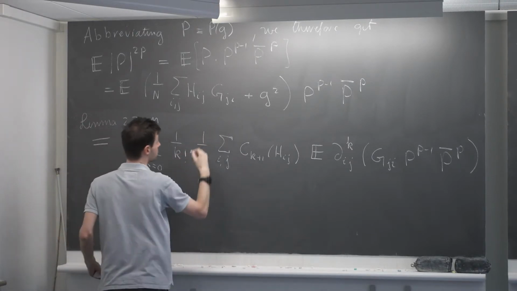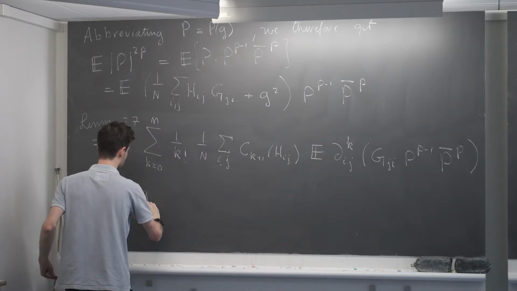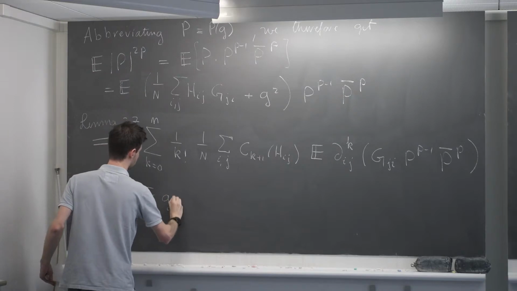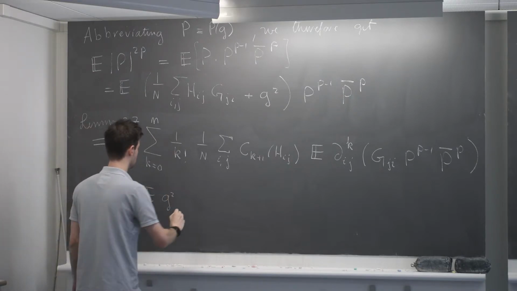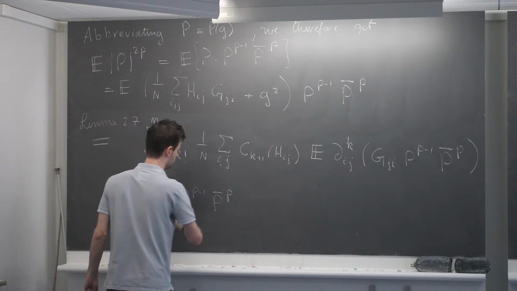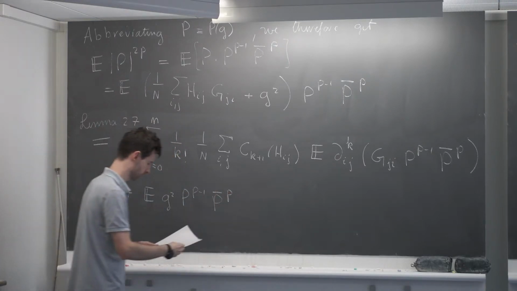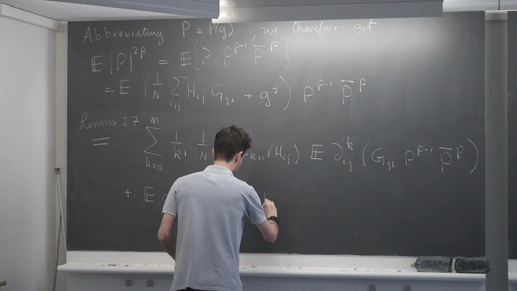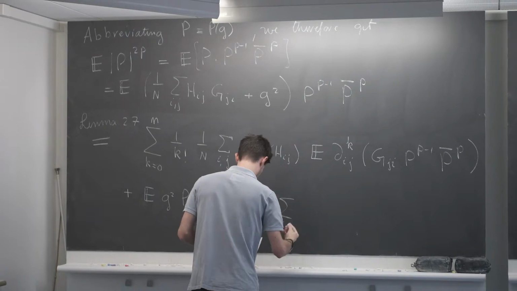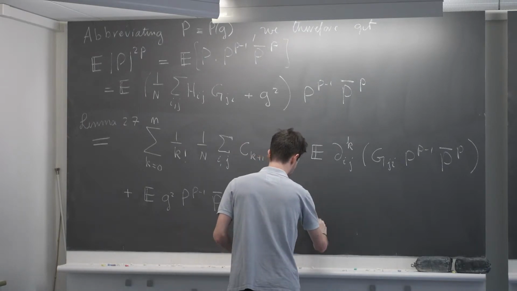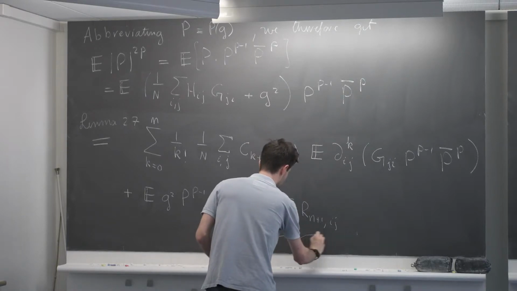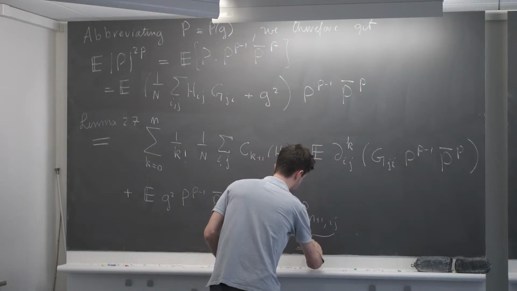So of course I get the term g squared. So I get the expectation of g squared, p to the p minus 1, p bar to the p. And then finally I get the remainder term, 1 over n. So let me give these guys a name.